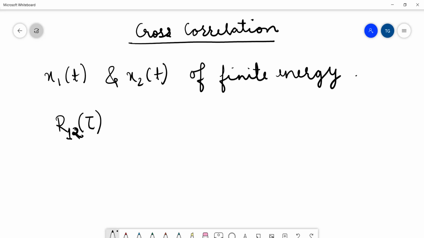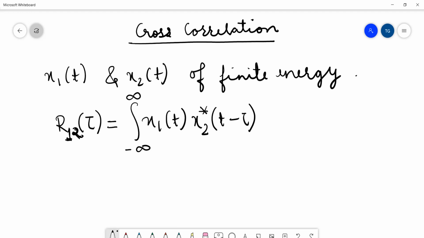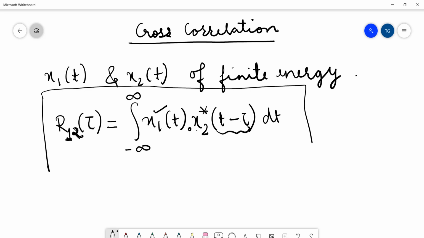So r 1 2 of tau is equal to the integral from minus infinity to infinity of x1 of t written as it is, and the complex conjugate of x2 of t minus tau, because that was finding a similarity between the first signal and a time delayed version of the second signal. So we are taking t minus tau. This is how we mathematically express our cross correlation function.